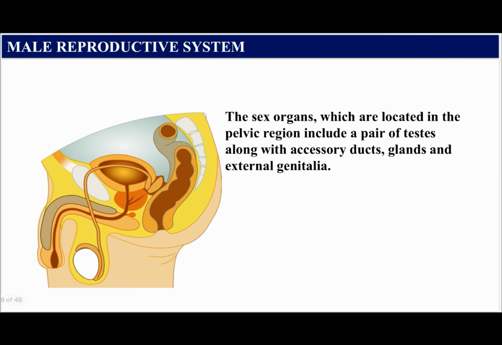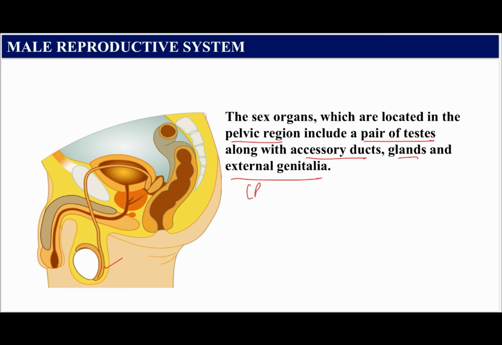First, the sex organs are located in the pelvic region. In the male reproductive system, the male sex organs are located in the pelvic region, which consists of a pair of testes along with accessory ducts, glands and external genitalia.